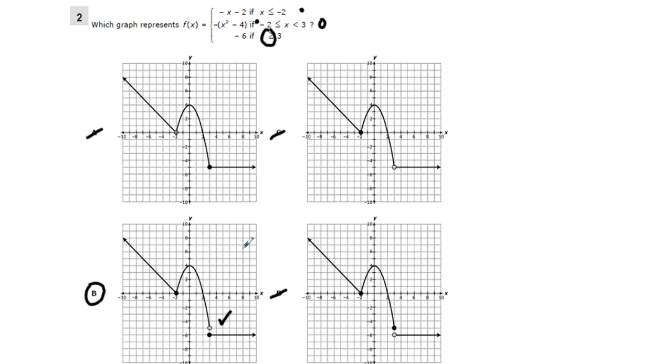So it just takes careful analysis of your open circles, closed circles, and where your numbers are. Another thing wrong with A and C is that you have y equals -5 instead of -6 like it should be in answer choices B and D.